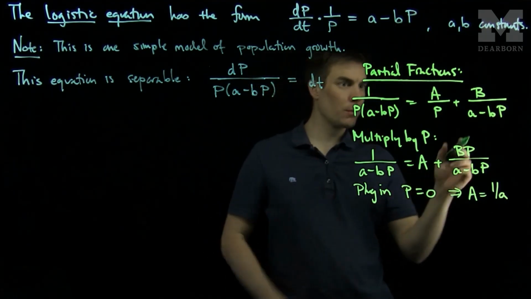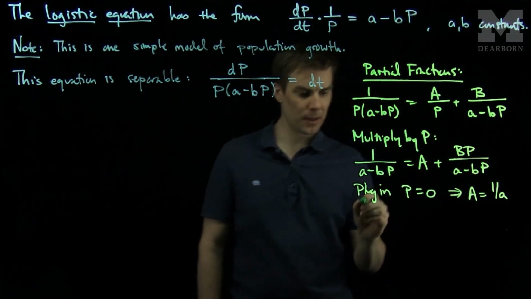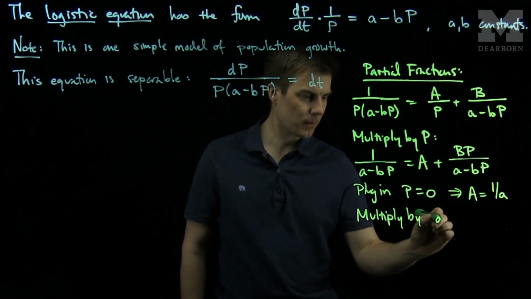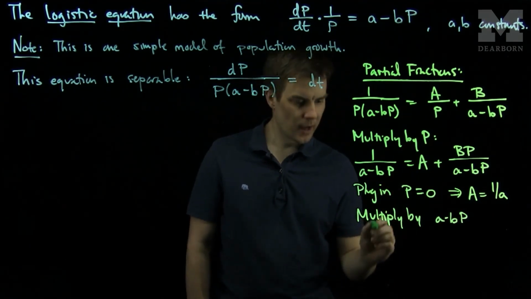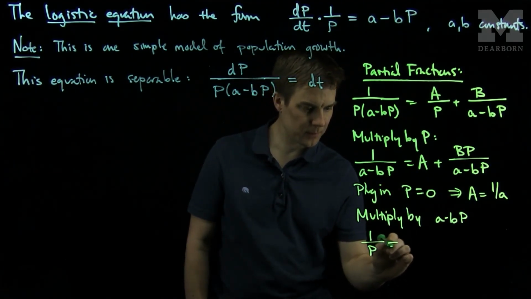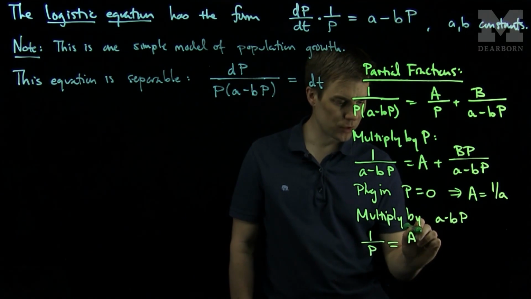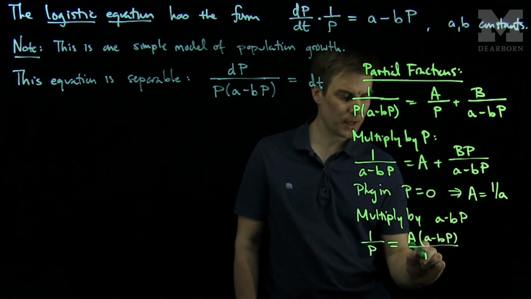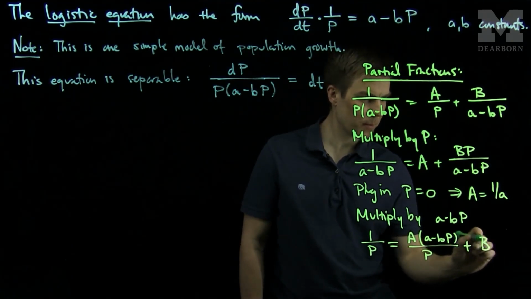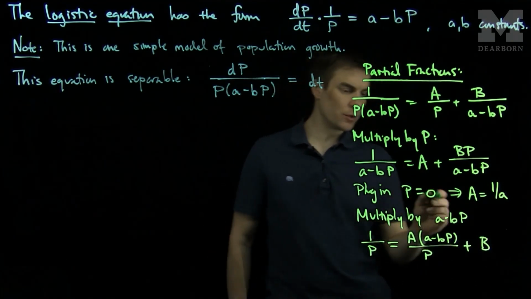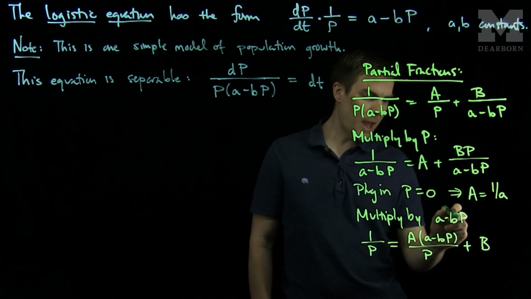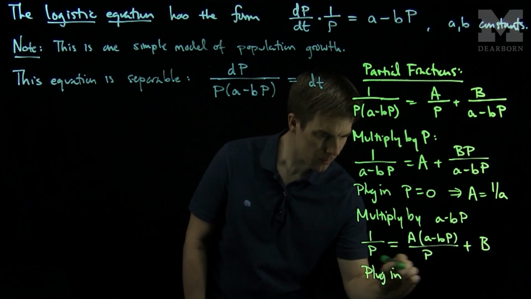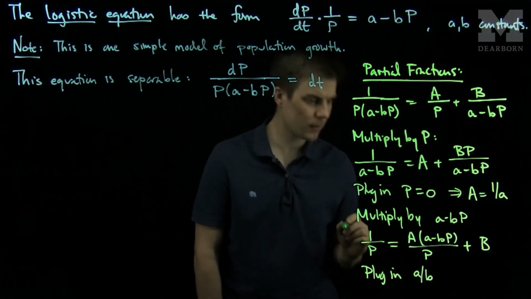And similarly, we can multiply by (a minus bp). And that will tell me that 1 over p is equal to A, which we just found, times (a minus bp) over p, plus B. And now what I will do is plug in a over b for p.